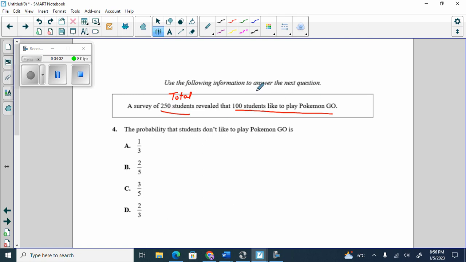So if 100 like to play Pokemon Go, 150 do not like to play Pokemon Go, because they're complements of each other. So here they want the probability that the students don't like to play Pokemon Go. So it would be 150 out of 250, divided by 50, and I get 3 out of 5.